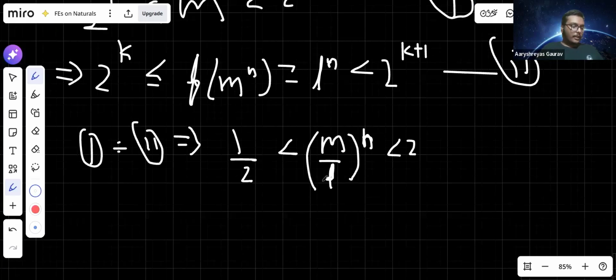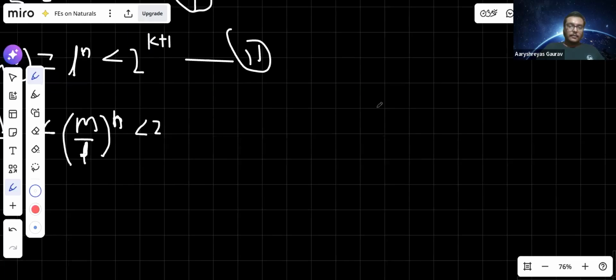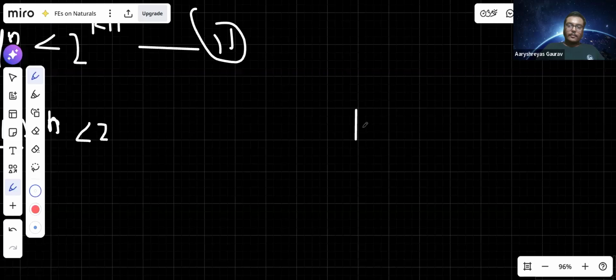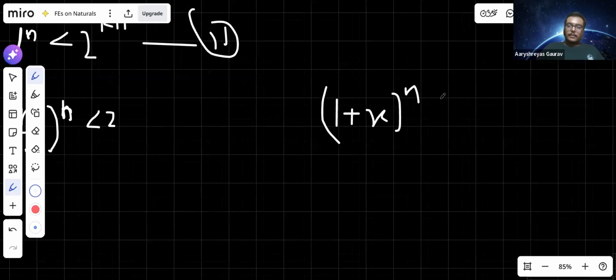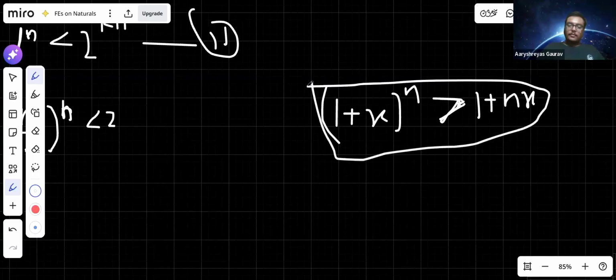And to actually write it in a proof, there's a really cool approximation where if I have (1 plus x) to the power n, it is just greater than 1 plus nx. I will be using this now. You can prove this by binomial expansion.